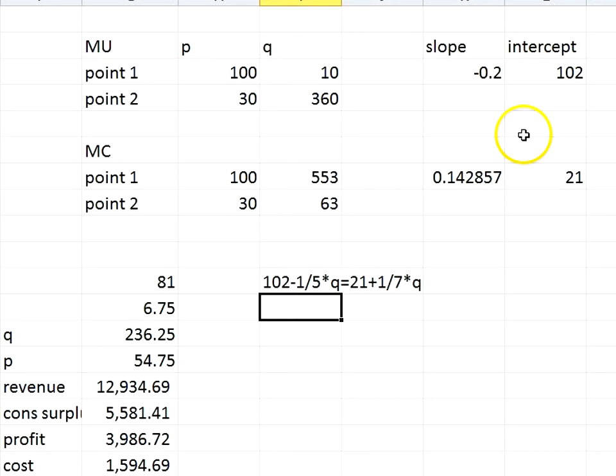The price should be the same. So when we solve this in the equilibrium, we find that Q is 236.